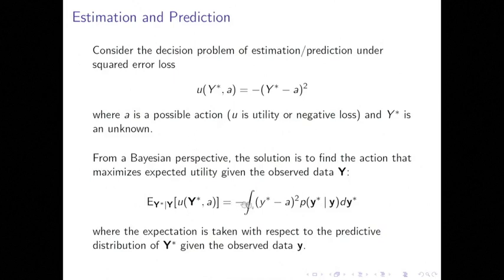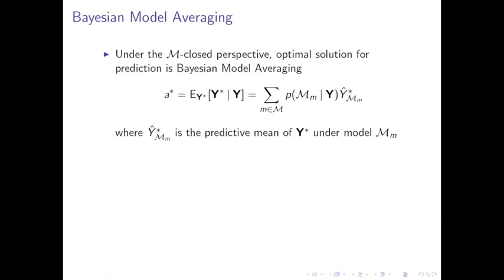If we're thinking about prediction, this is going to be taken with respect to that predictive distribution of the future data given our observed data, if we're thinking about predicting into the future. So in principle, we can solve this. This would lead to the posterior mean.